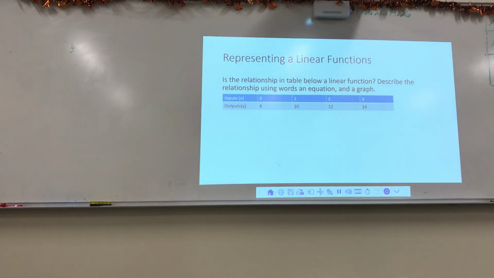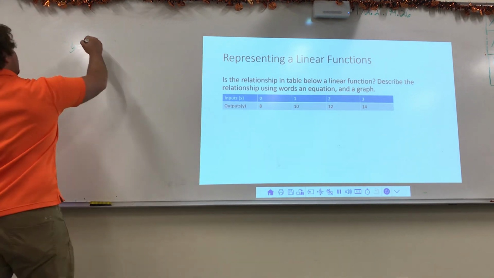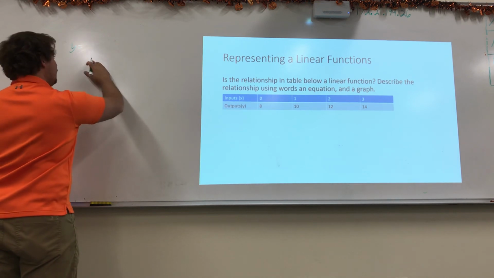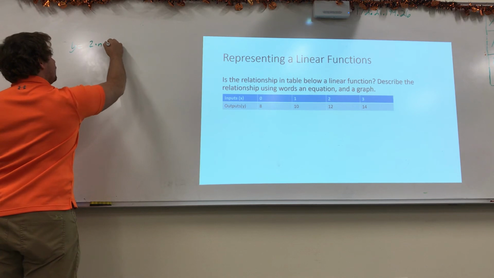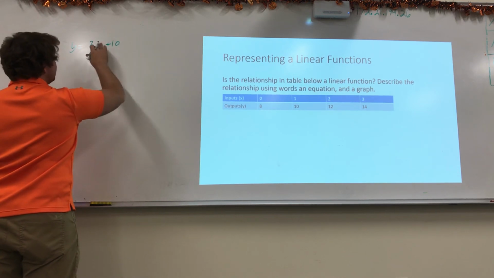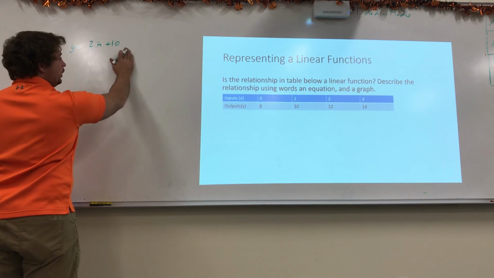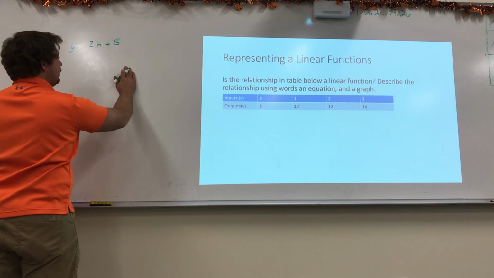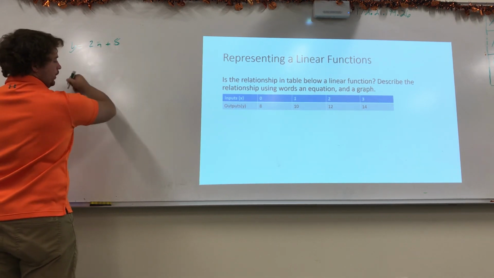Alright, so your output's what? So, every time we're adding 2, right? So if I take 2 times n plus 10, does that work? Well, not 10, 8. 0 is going to go in there, it works. Go 1, it's going to work. You go 2, you get 12, then it works.